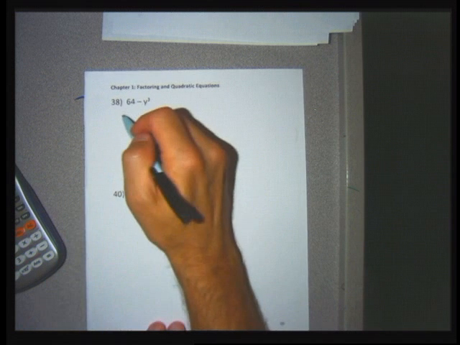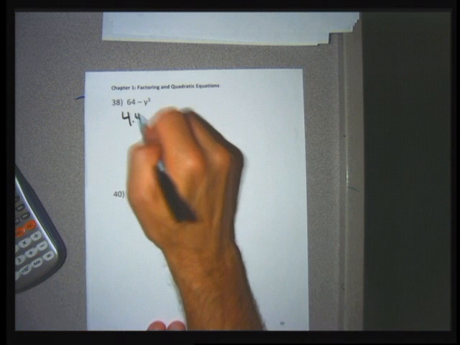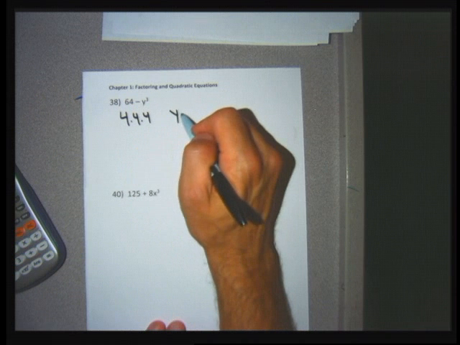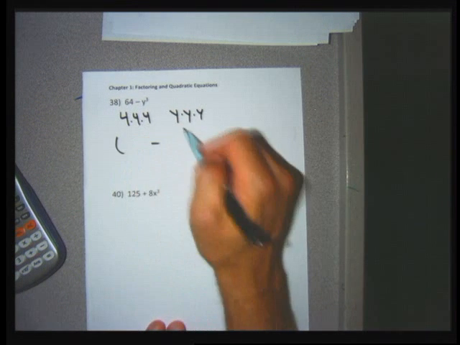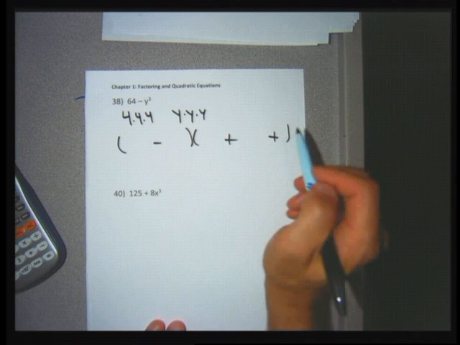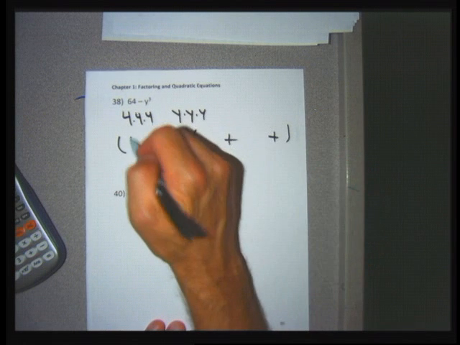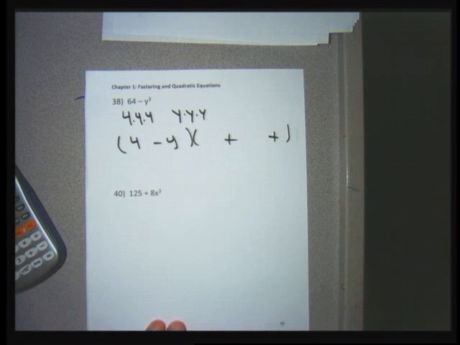So for 38, I'm going to make 64 as 4 times 4 times 4. y cubed is y times y times y. Signs are minus, plus, and plus. First parentheses, one of each in the order that they come, so 4 and y.